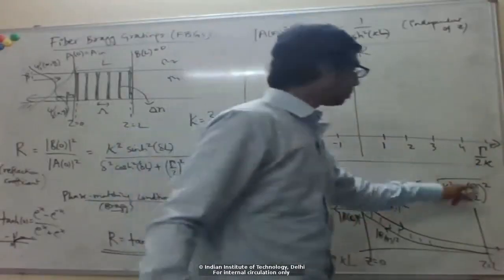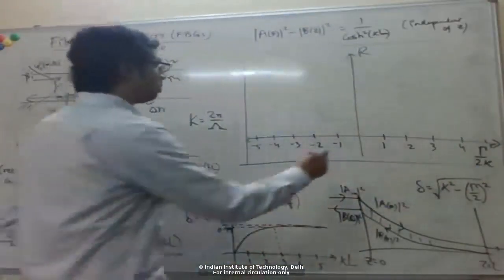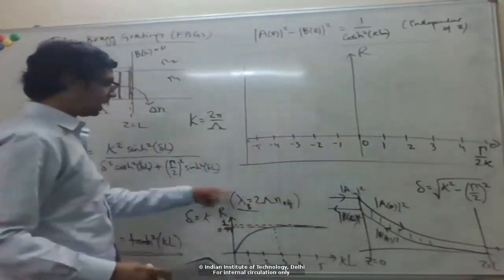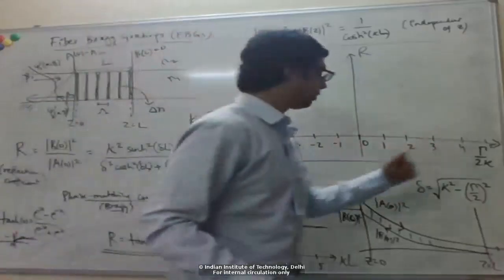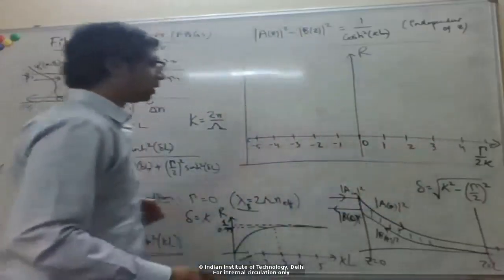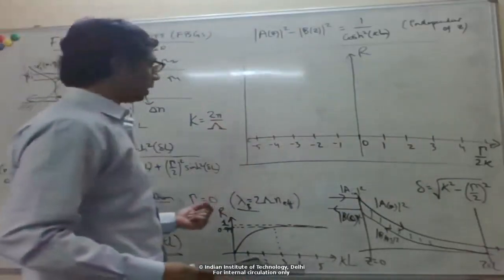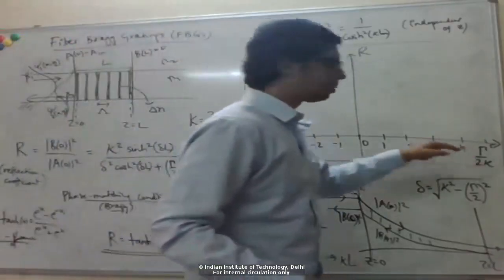This capital gamma can be positive or negative. It's 0 at this Bragg wavelength. If we increase wavelength, we go on one side. If we decrease wavelength, we go on the other side, or the opposite, because recall this gamma depends on beta.